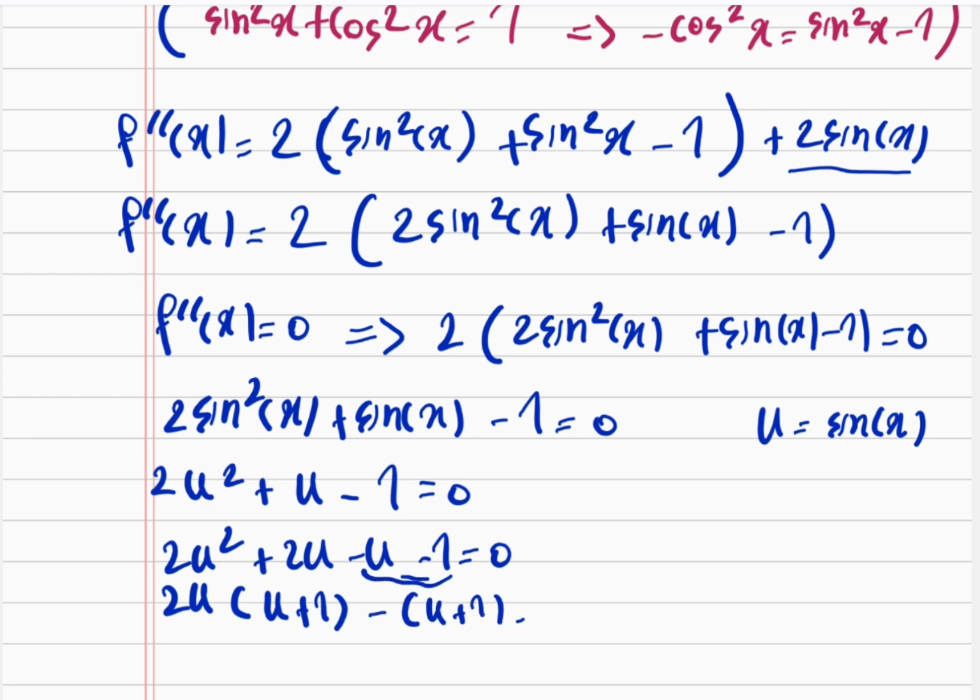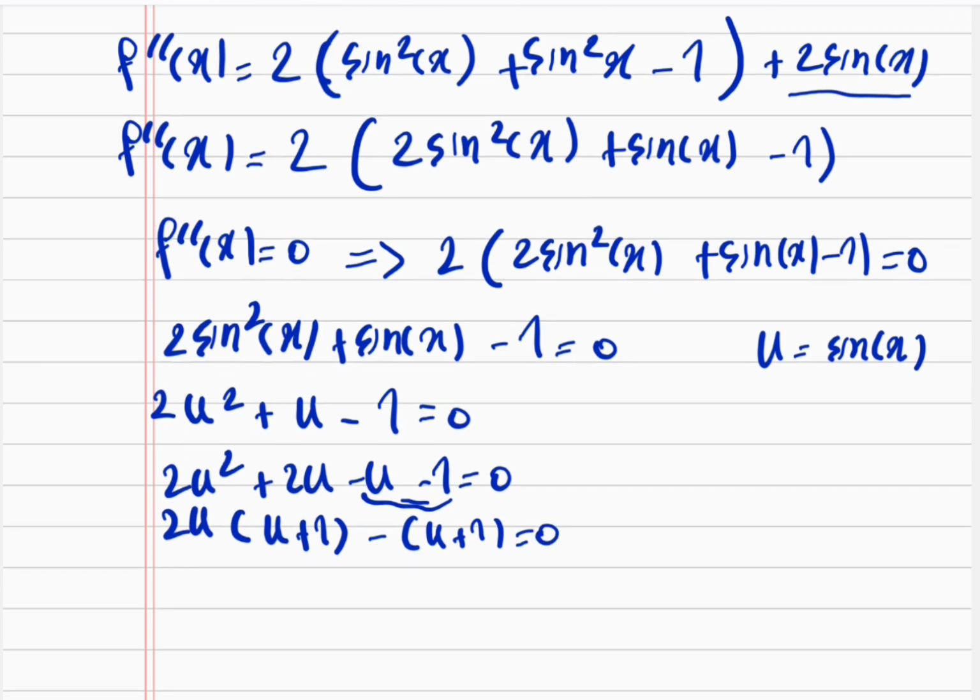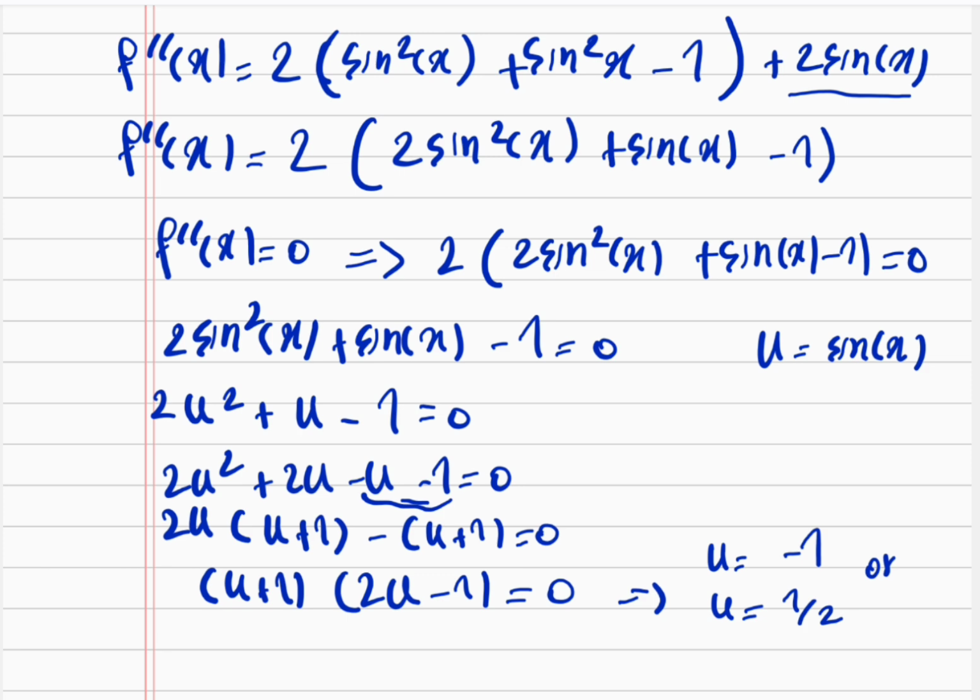So it's going to be u plus 1. And then we factorize out u plus 1. So we'll have u plus 1 and then 2u minus 1 is equal to 0, which means either u is minus 1 or u is half.